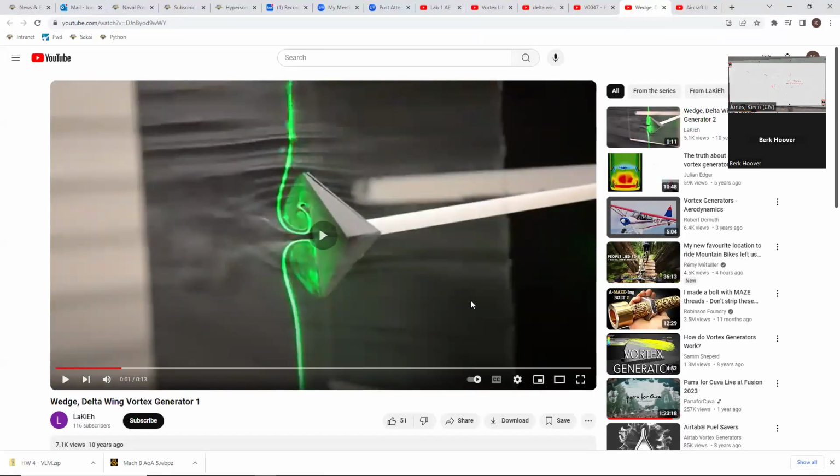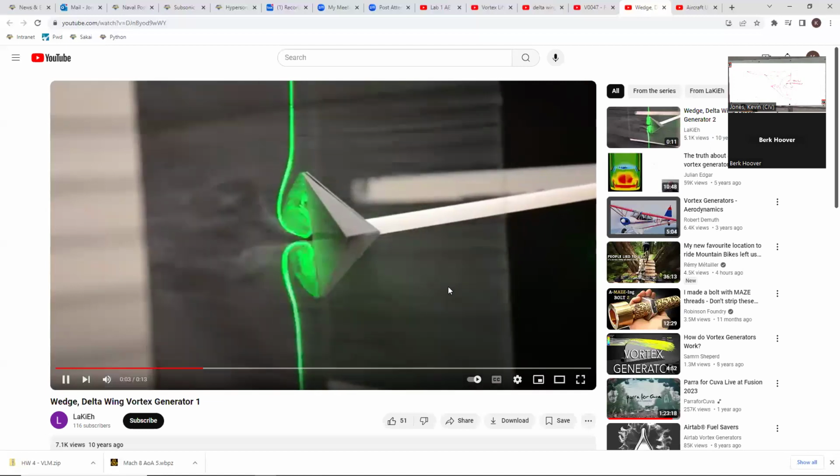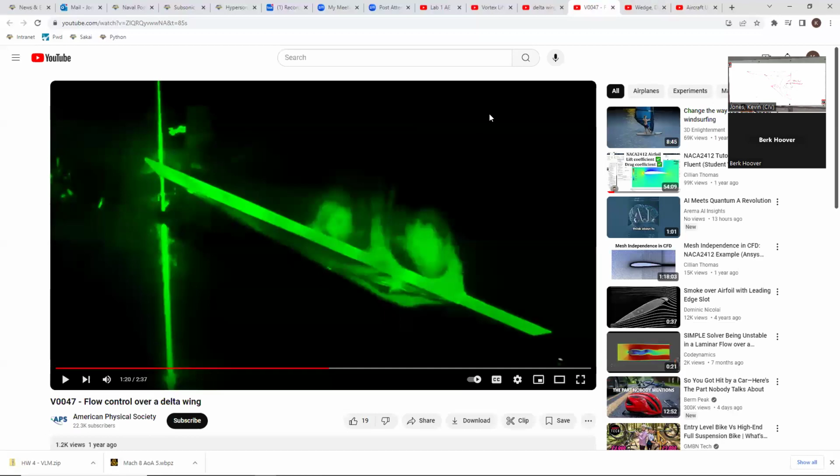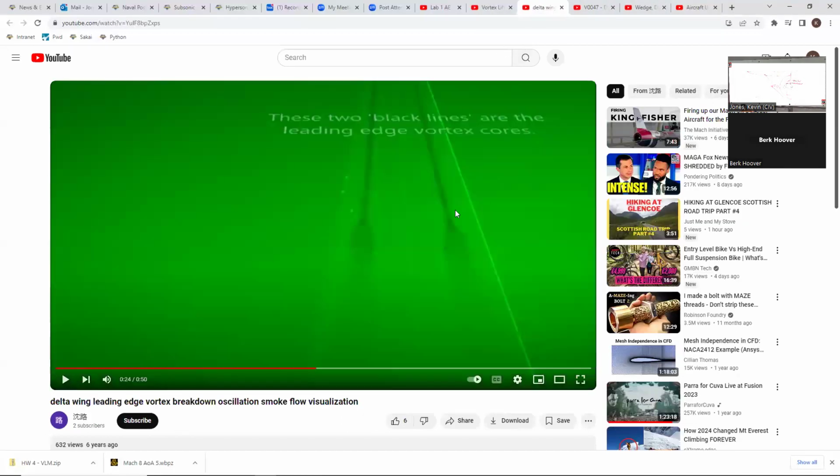Some other flow viz of vortices, airstream. Anyway, this is about all I could find for a flow viz. It's a pretty common natural phenomenon, and like I said, it has pros and cons.